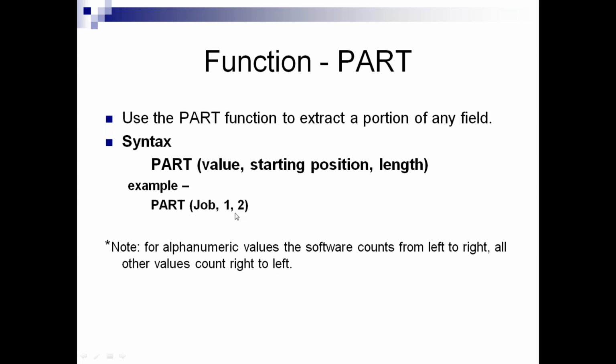So you need to know how wide that field is to determine where to start the actual count. It's almost like it's backwards. So if you were looking for the year on a date, you would start maybe in position 5 and go for 2 or 4 to get the year off that date field.